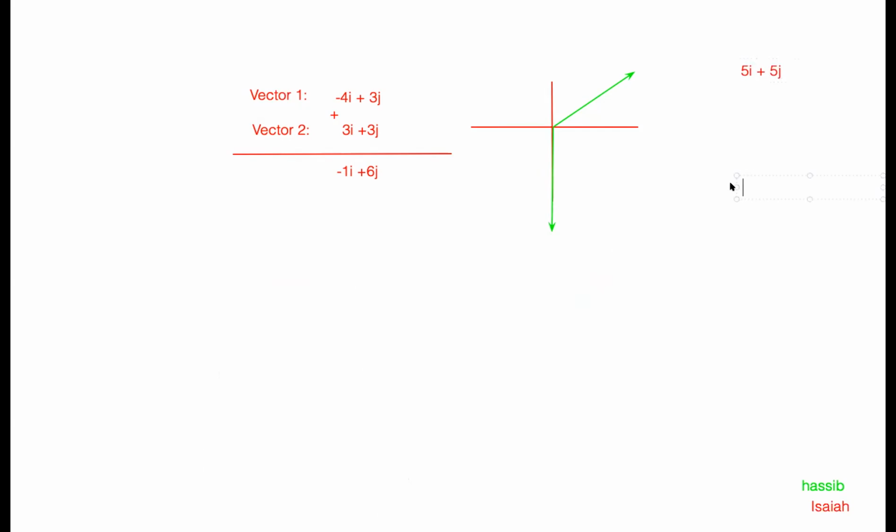And then this bottom one will be 0i minus 6j. And then when you add both, you'll get 5i minus 1j. Okay, I see.